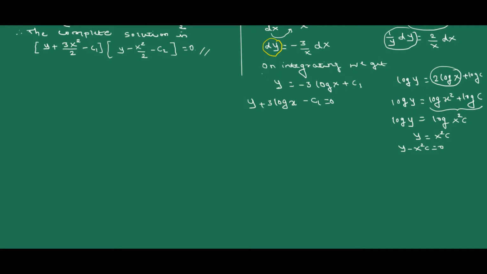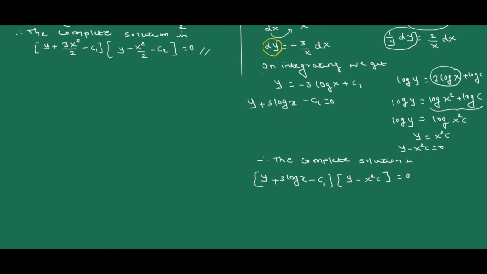Therefore, the complete solution is: y plus 3 log x, or log x raised to 3 minus c1, bracket complete, into y minus x square c is equal to 0.